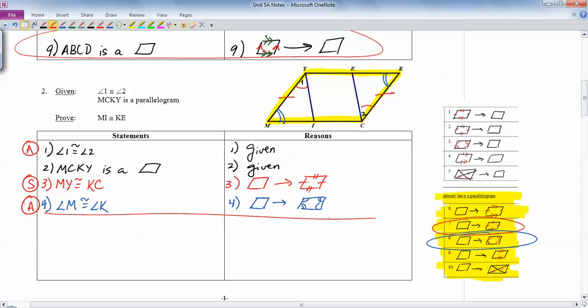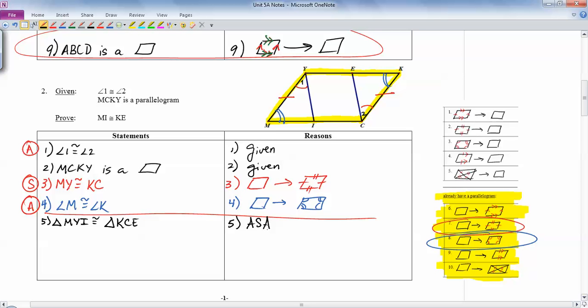So now I can write triangle MYI. If I call the first one MYI, it went 2 tick marks to 1 tick mark to no tick marks. So that would match up with KCE. And it's because of angle side angle.